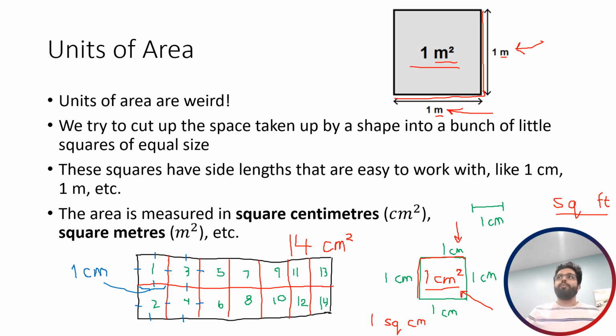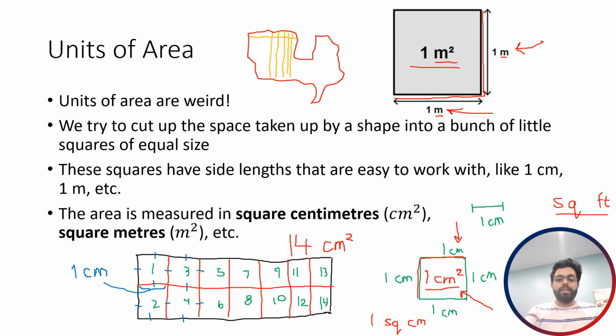So if you've ever gone on Wikipedia and been reading about different countries and their sizes, you'll see, oh, this country has an area of this many million square kilometers. That means that if you take a country like Canada, for instance, you've got some shape. This is not my best drawing of Canada, but here's Canada, and you were to take all the land area of Canada and cut it up into teeny tiny squares where each square is 1 kilometer by 1 kilometer, so 1 kilometer on each side.